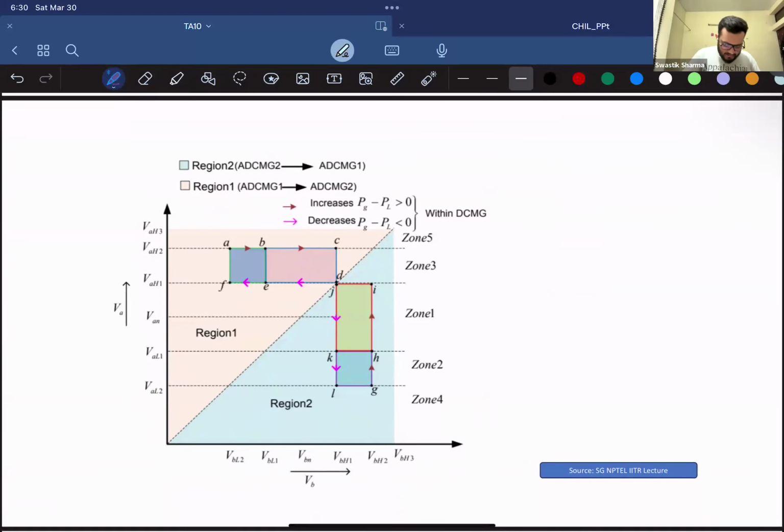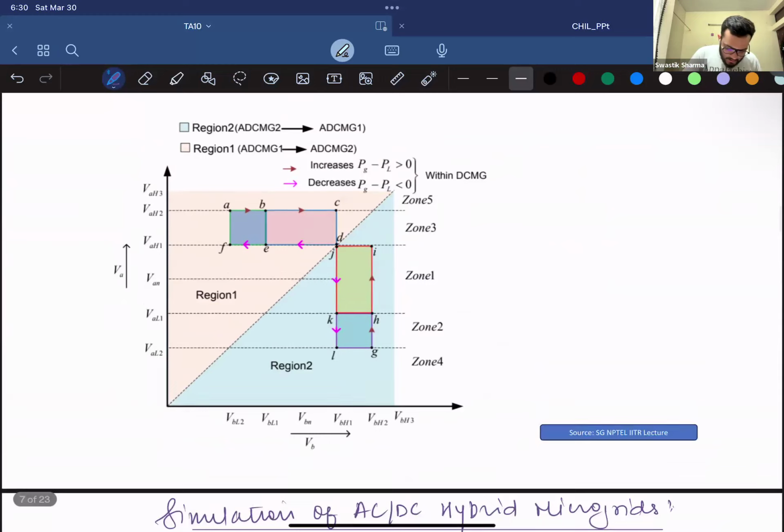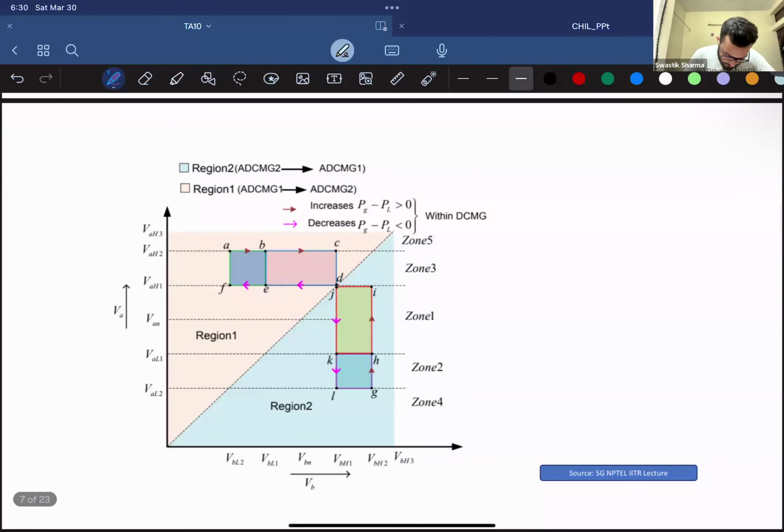So there are two regions, region one and region two. In region two, which is shaded blue, you support power from DC microgrid two to DC microgrid one, because the voltage at one end is greater than the voltage at the other end.